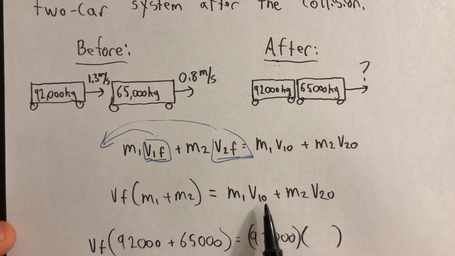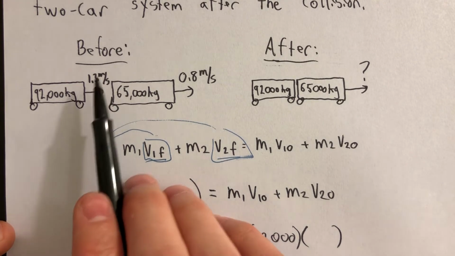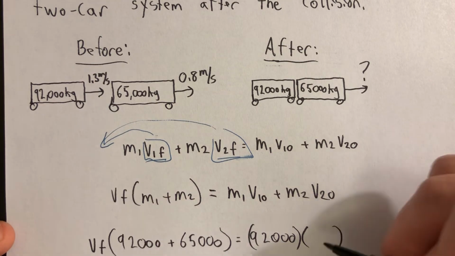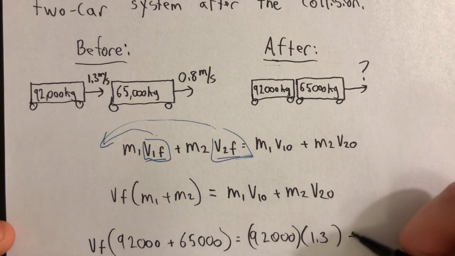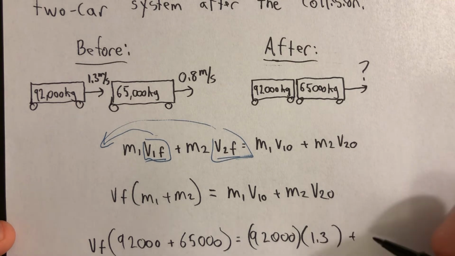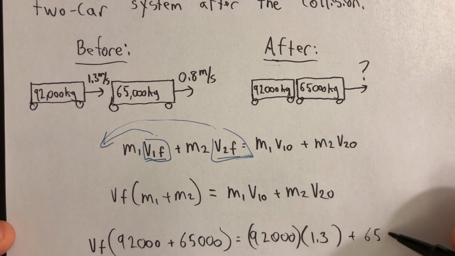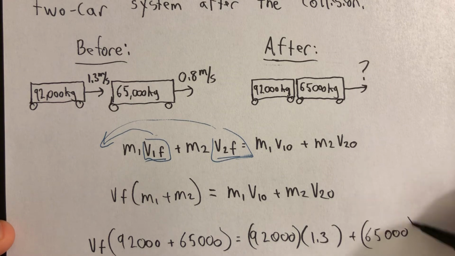So v1 initial, you gotta make sure you put the proper one, and that'll be 1.3. So this is kind of cool. Let me finish writing. So m2 is 65,000. And then v2 initial is 0.8.